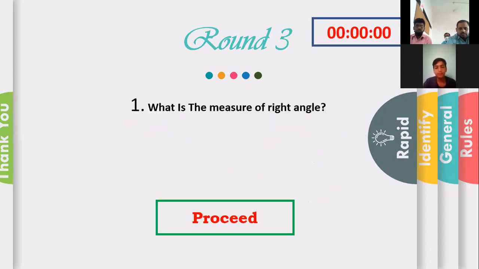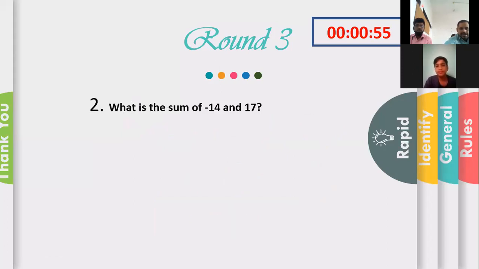What is the measure of a right angle? 90 degree. Correct. What is the sum of minus 14 and 17? 3. Correct. What is the simplest form of 36 by 45? Be quick. Four by 5.